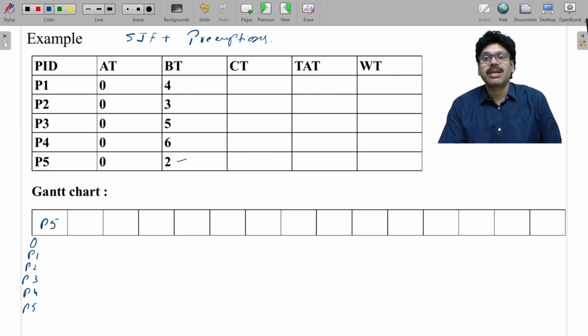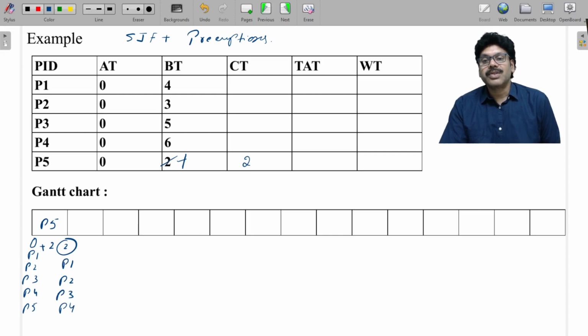Then in the next turn also, if I execute 1 unit of time, it still has 1 unit balance, so I will execute 2 units completely. P5 got completed and releases resources back, leaving P1, P2, P3 and P4.